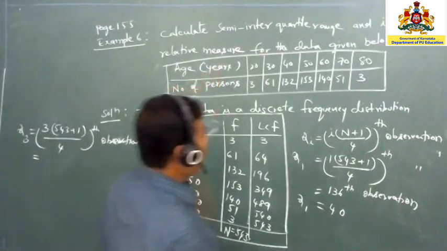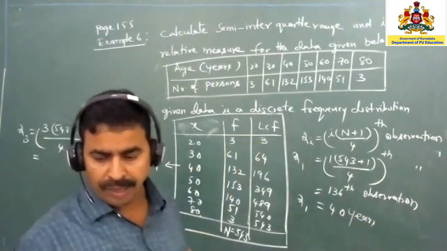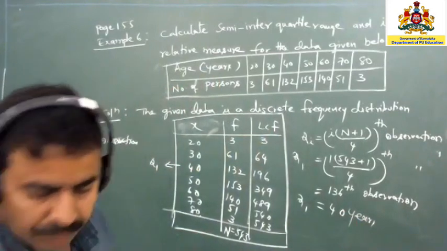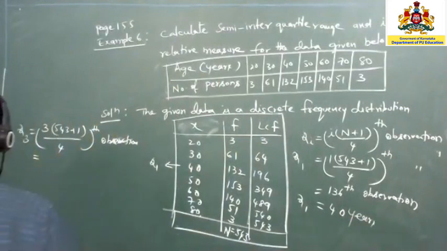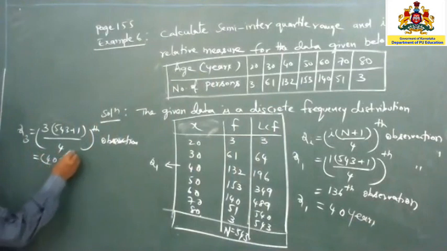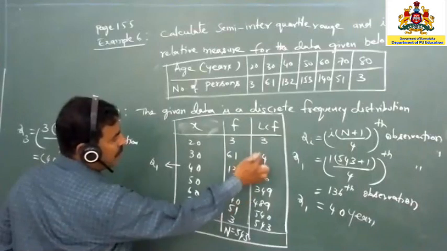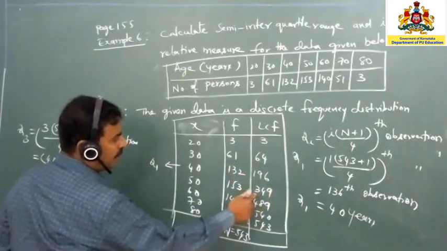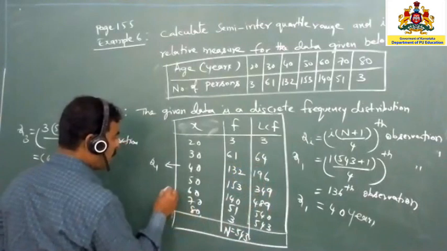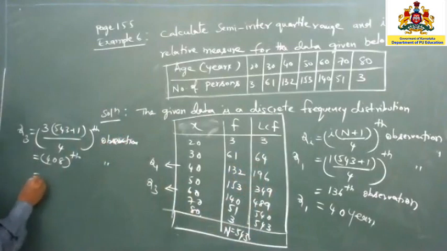Here data is given in years, so also write years, since it contains units. It is an absolute measure. After simplification, it is the 408th observation. 408 will not lie in 364, it lies in 489. The corresponding value is Q3, so Q3 is 60. So the 408th observation is 60, Q3 equals 60.